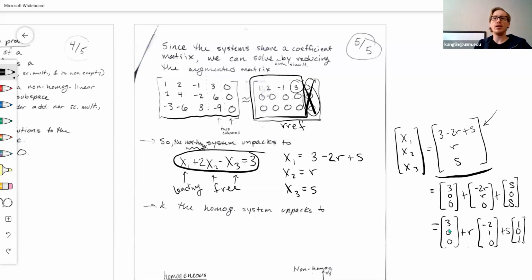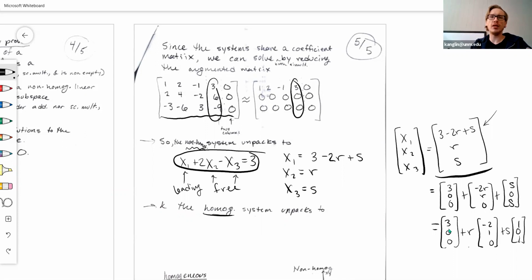So the homogeneous system would say, unpack your RREF form of your augmented matrix. But since we're only looking at the homogeneous system, this column, that came from the non-homogeneous right-hand sides, we're going to act like that was never there. We'll have 1x1 plus 2x2 minus x3 equals 0 now.